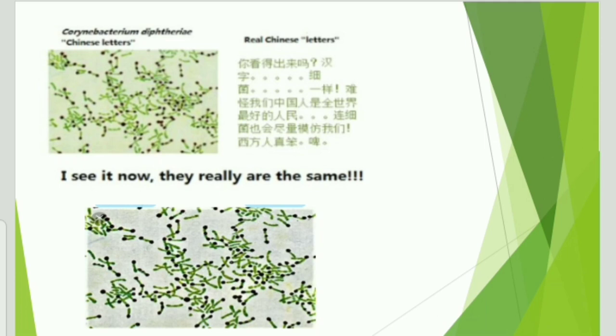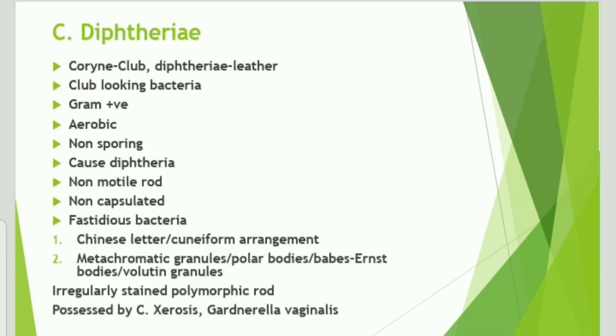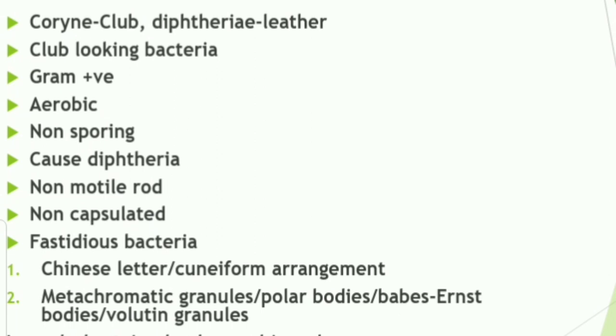And the other characteristic feature of these bacteria is that they have metachromatic granules, also known as polar bodies or Babes-Ernst bodies or Volutin granules, and these are present at the ends or poles of the bacilli.